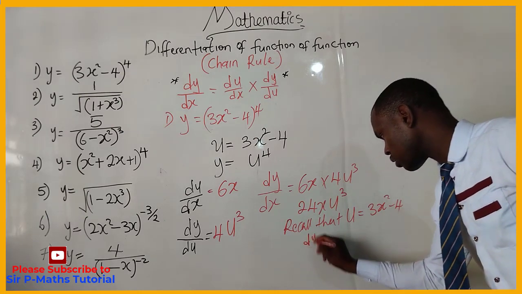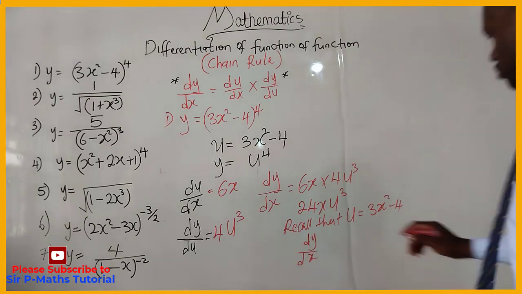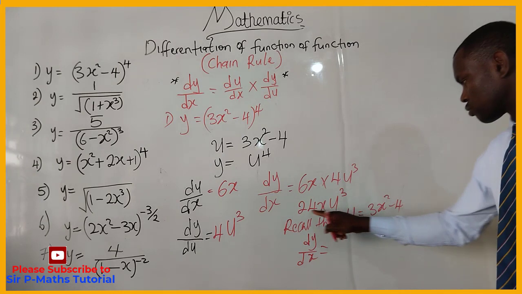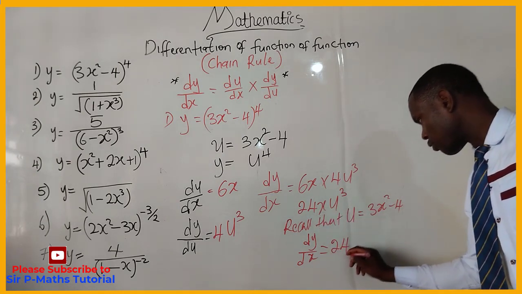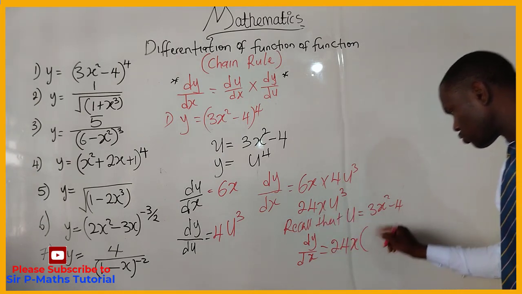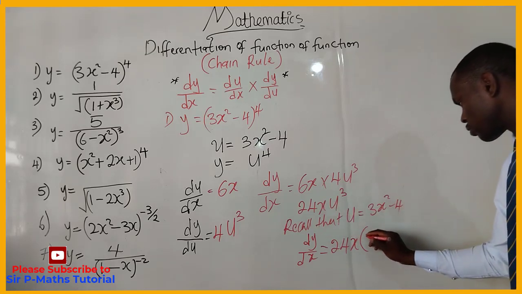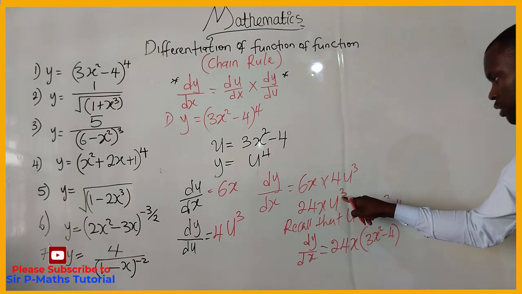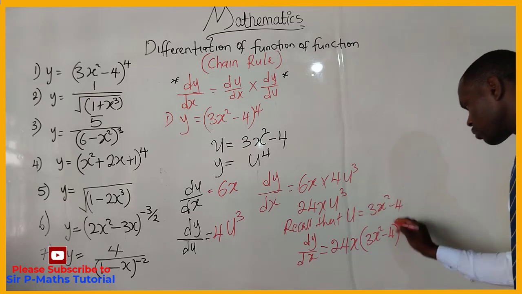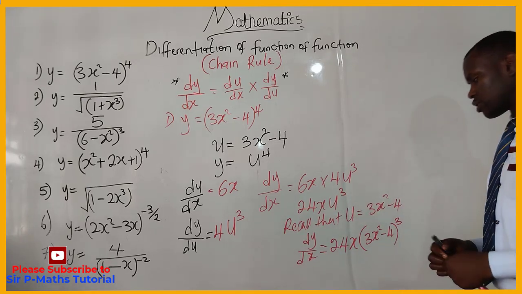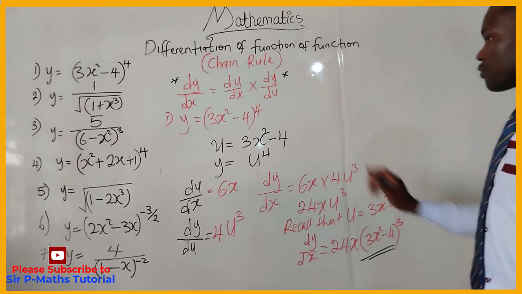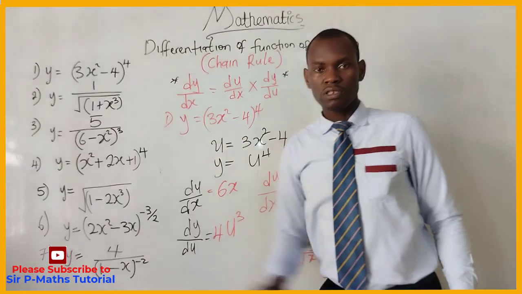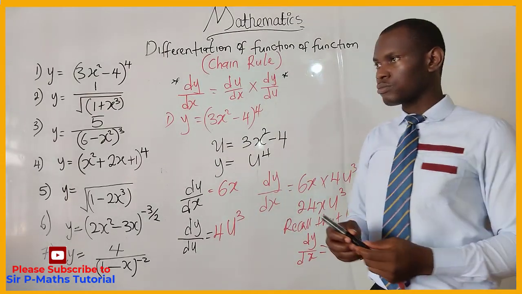So finally my dy over dx is equal to 24x into, I'll put this guy for u, (3x squared minus 4). Remember that this u has power 3 over 3. This is the derivative of this function using the chain rule.